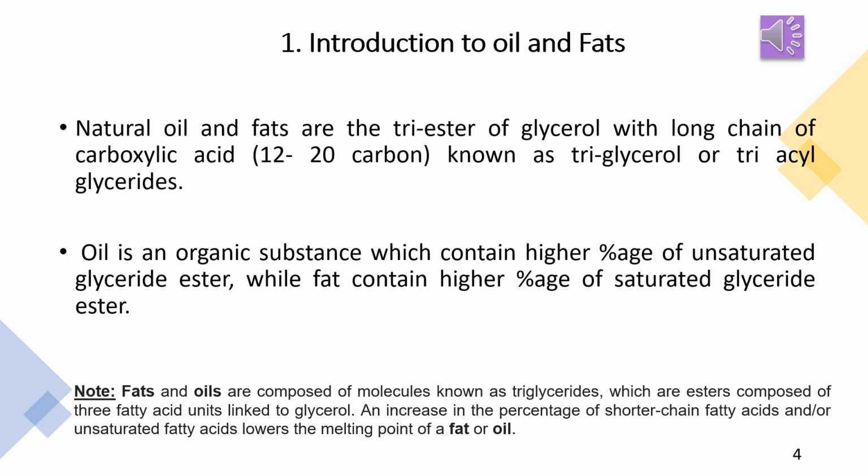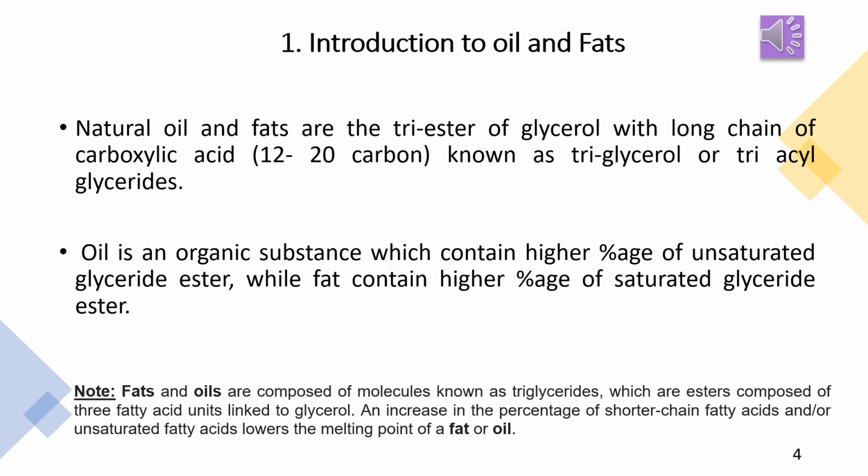So oils and fats are composed of molecules known as triglycerides. So what are triglycerides? Triglycerides are esters composed of 3 fatty acid units linked to glycerol. An increase in the percentage of shorter chain fatty acids and/or unsaturated fatty acids lowers the melting points of fats or oils.